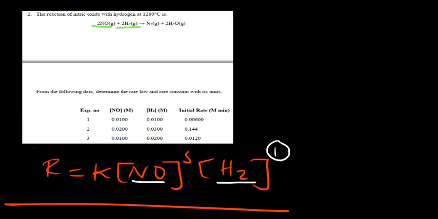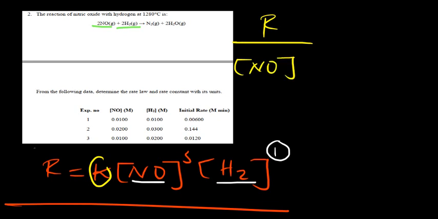And then, how do we find the rate constant? It's very easy to find the rate constant. All you get to do is make it the subject. If you make it the subject, you're going to end up dividing the rate by nitrogen to the power 3, the hydrogen to the power 1, equal to k. Simple. You can get any experiment of your choice and substitute in the information.